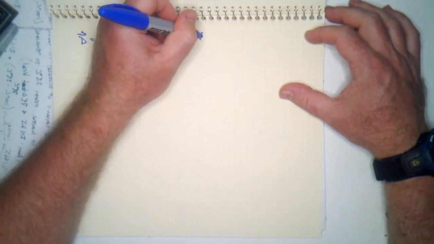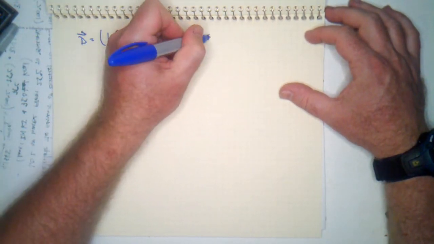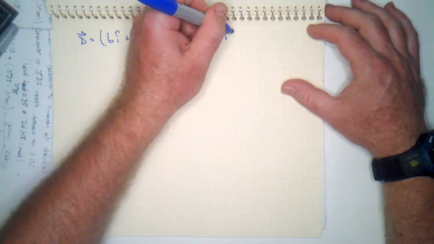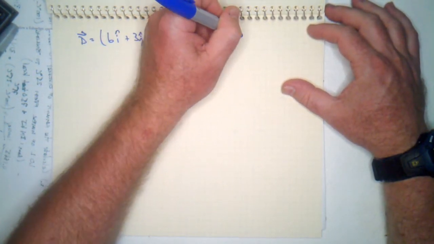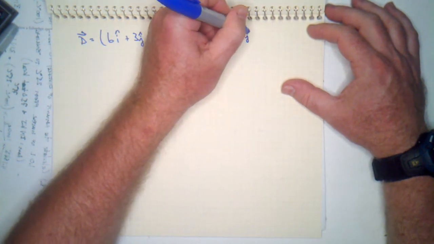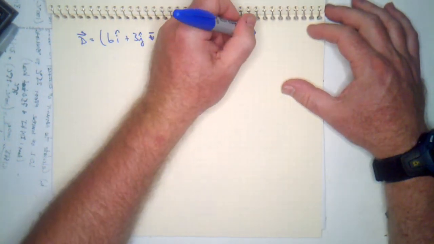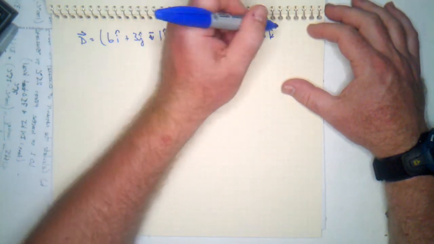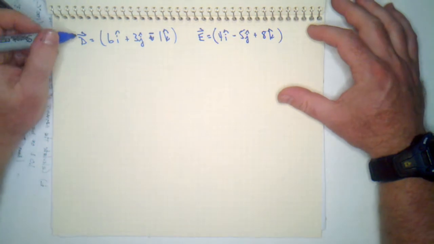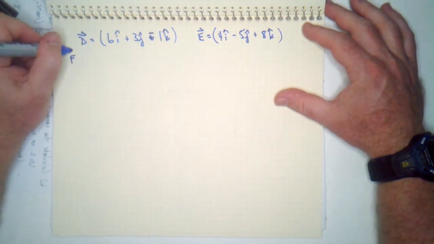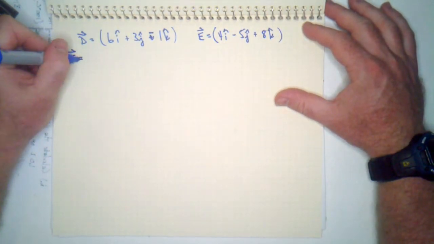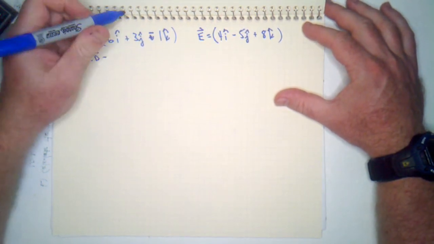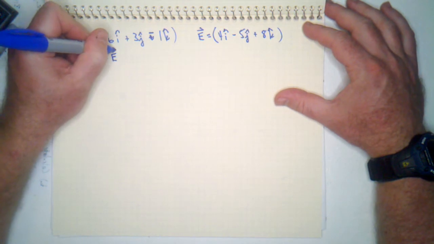And you've got vector E. That equals 4i hat minus 5j hat plus 8k hat. We want to find what vector F is. And vector F equals 2D minus vector E.